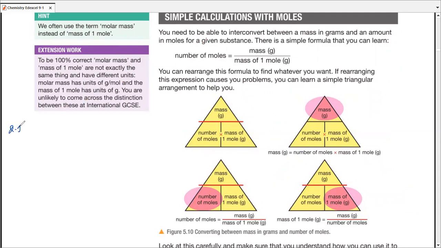For example, let's convert mass into moles. And let me tell you, this is the formula we are going to use for question one.